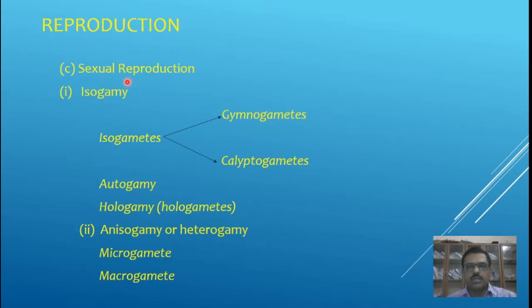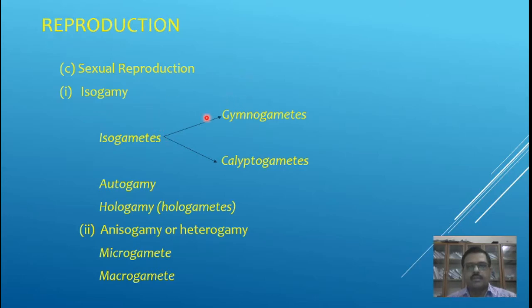So here we see physiological dissimilarity. There is morphological similarity for the gametes, but one gamete does not move. And so we find cases in which the gametes are morphologically similar but physiologically dissimilar in isogamy. And the gametes involved in isogamy are isogametes. So isogametes are gametes that are morphologically or physiologically similar in some algae.